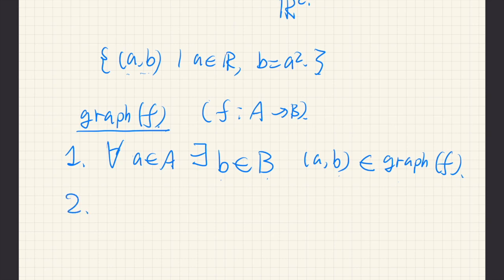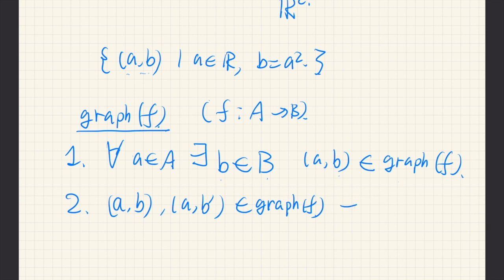And second, if we have two pairs, (A, B) and (A, B prime), in the graph, then we should have, if these two pairs are elements of the set graph of F, then it implies that B and B prime are equal.